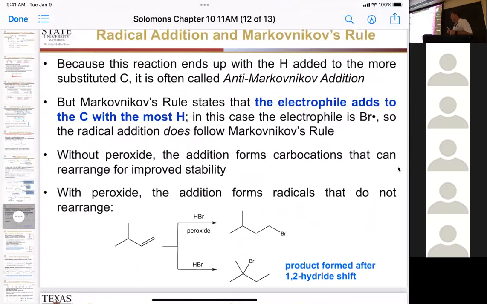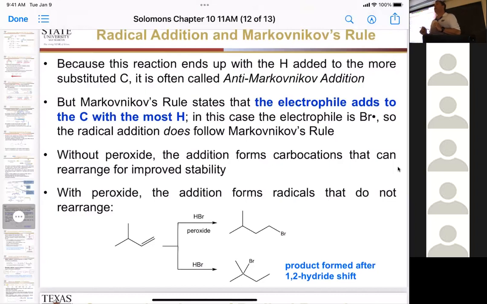And so basically, because the reaction ends up with a hydrogen on the more substituted side, it's called anti-Markovnikov, right? Technically, however, Markovnikov's rule states that the electrophile adds to the carbon with the more hydrogens. In the case of HBr without peroxides, the hydrogen is the electrophile.